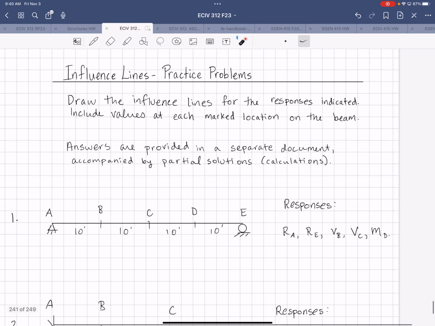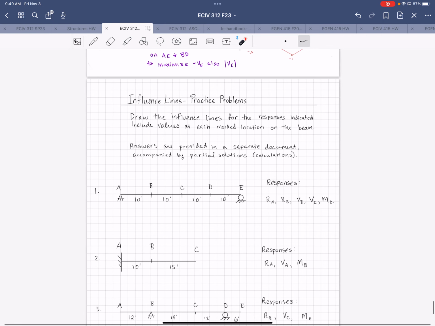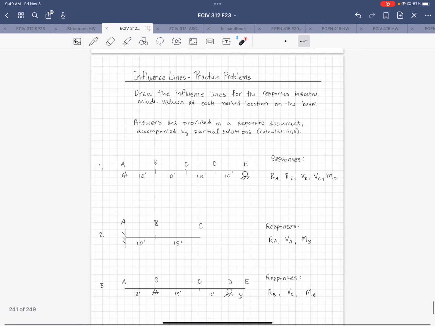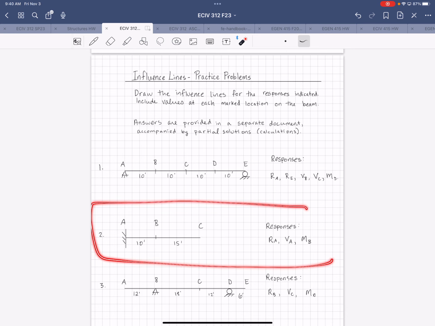All right, so I'd like to remind everyone of all the practice problems that are on D2L. Last time, with extra time in class, we looked at this beam.